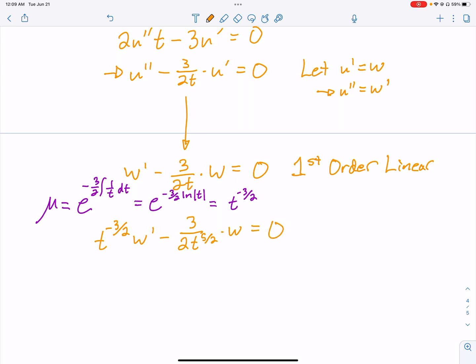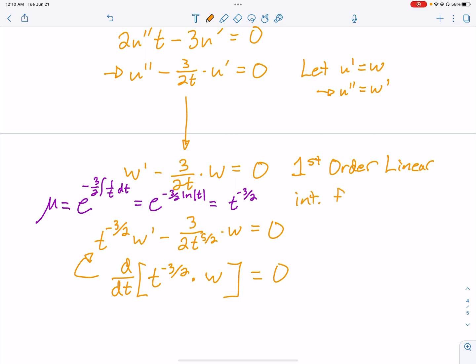Right-hand side doesn't change when I multiply by that. Okay, so I have that now. That is d dt of our integrating factor times w. You should check and make sure that works out. My notes match, so I'm going to move on from that. Take the time to take the product rule there and make sure that it does work out to the line before. Remember, that was the whole point of our integrating factor. Let's write that integrating factor here.